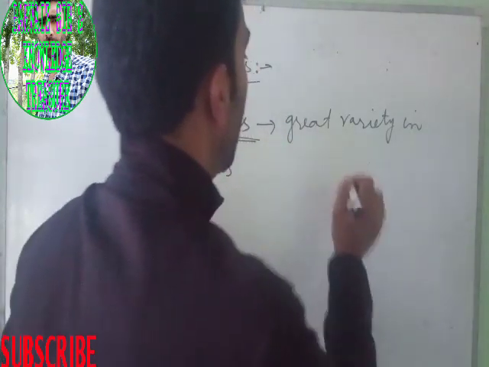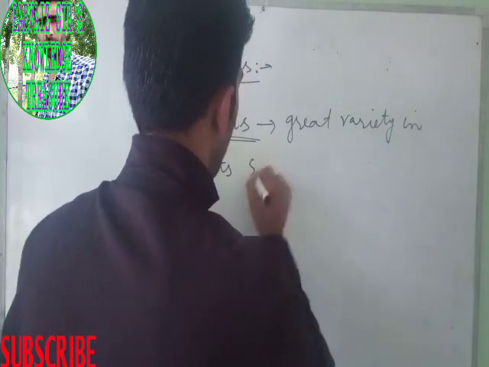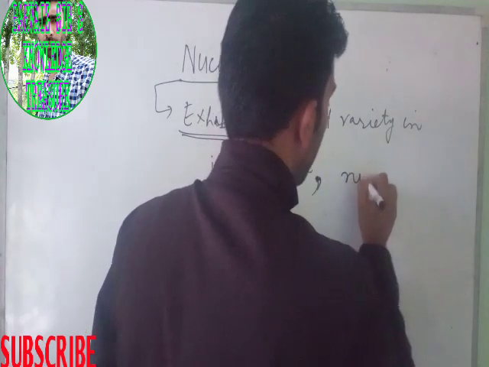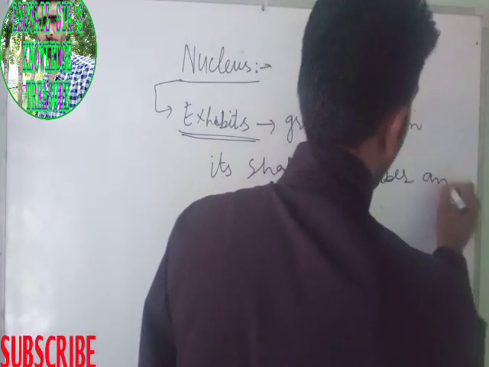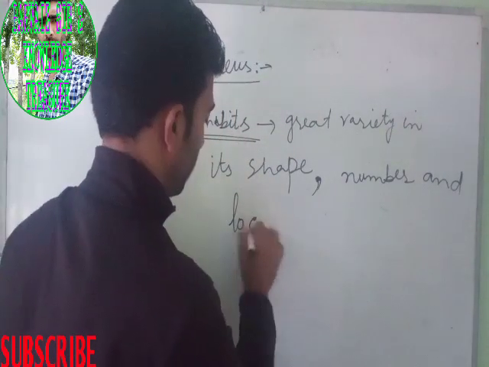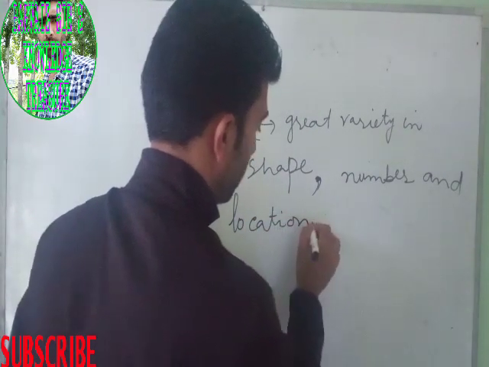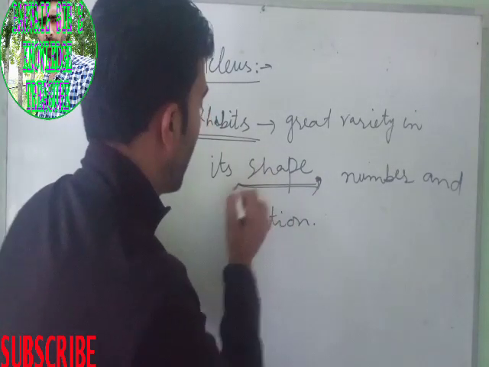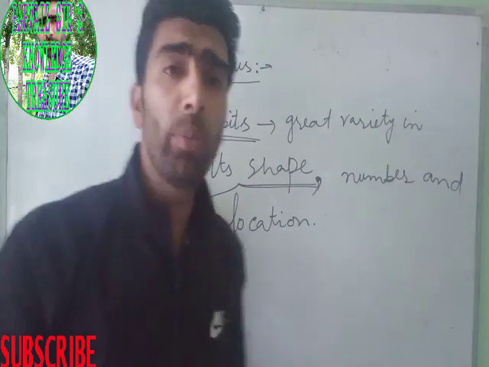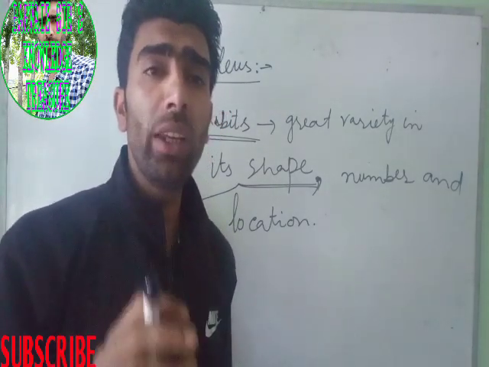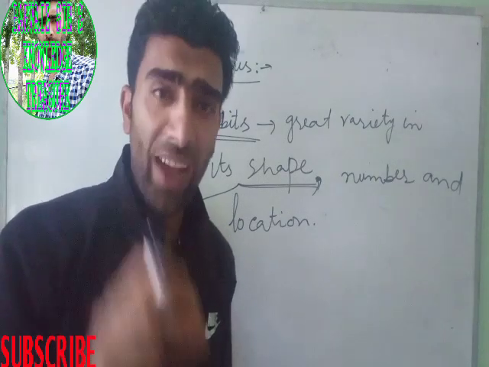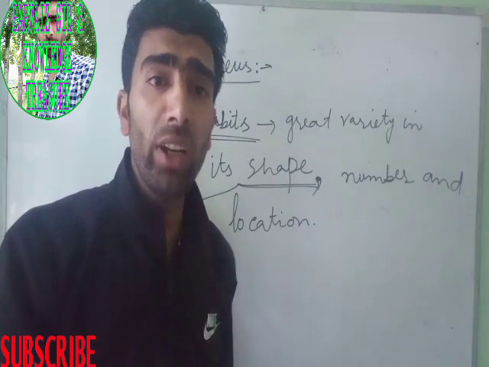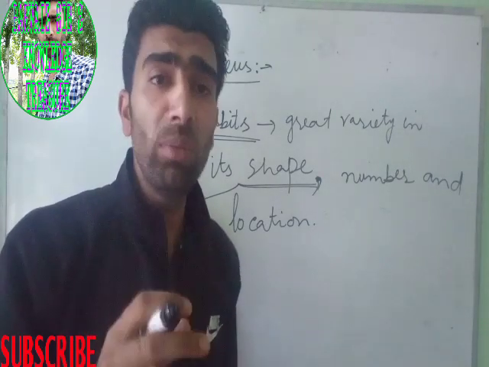Nucleus exhibits a great variety in its shape, number, and location. Regarding its shape, nucleus is usually spherical, ovoid to flattened, or rounded, bead shaped in some cases.